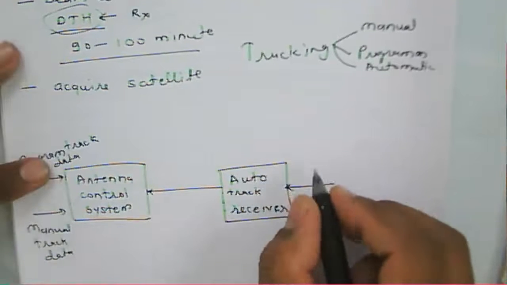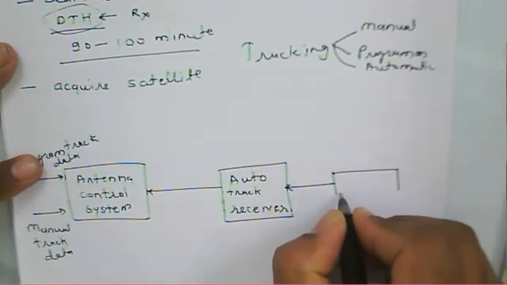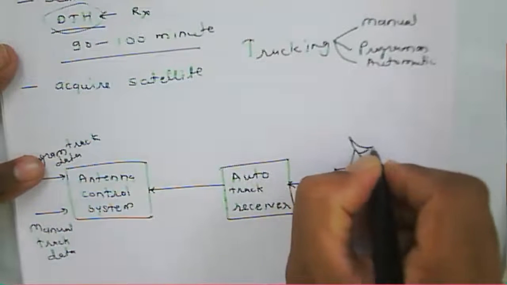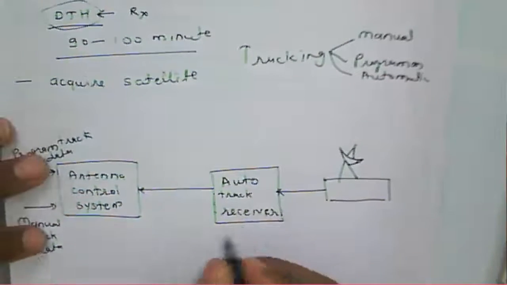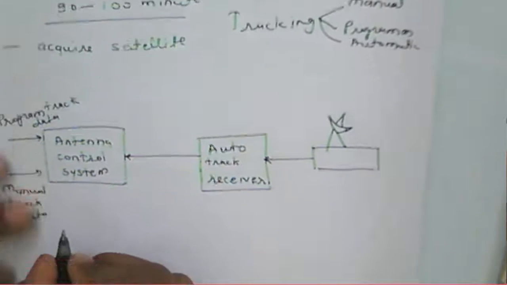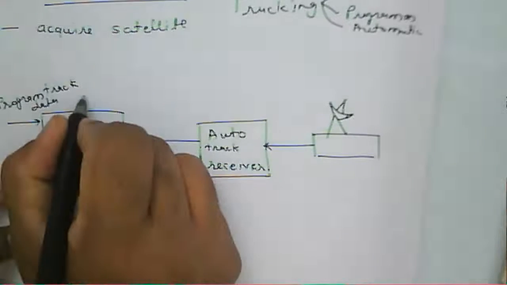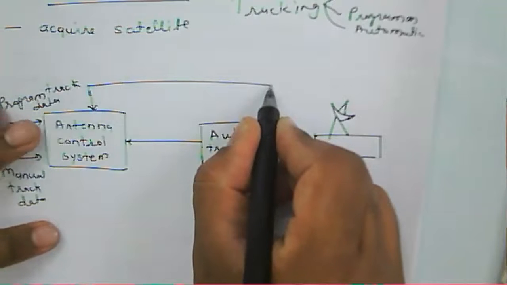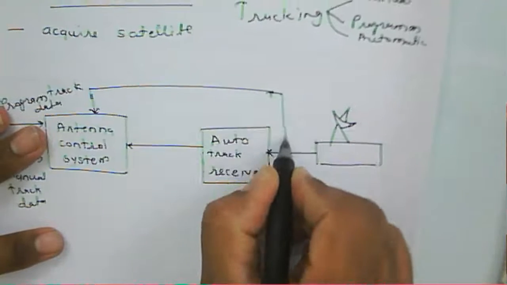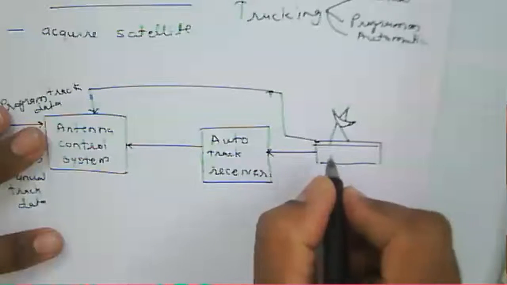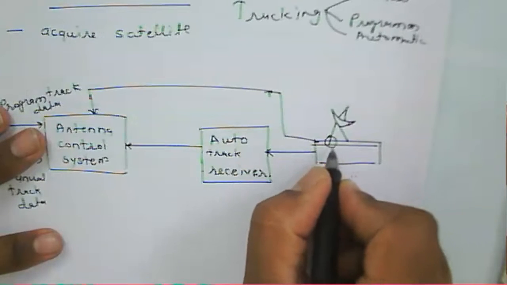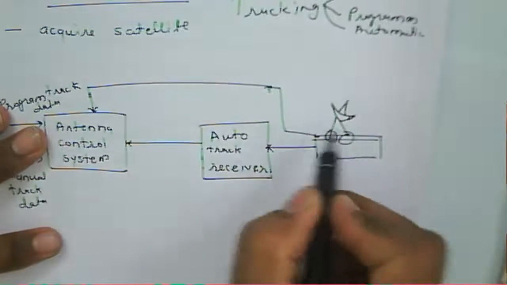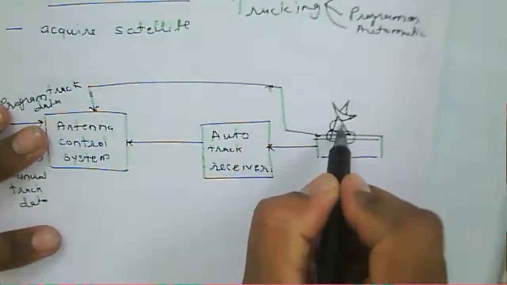Just like the telemetry tracking system we have seen, in that system we send one small pulse, and according to the signal we receive, a small vertical motor or horizontal motor will rotate the antenna to a different position or direction.